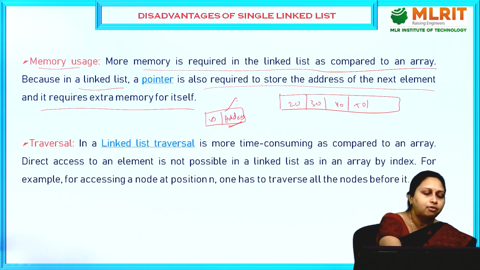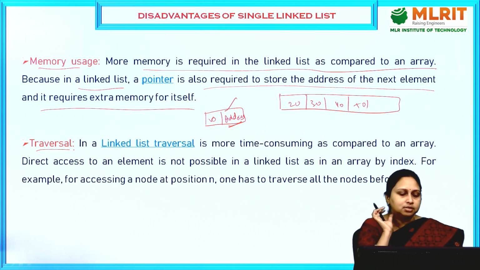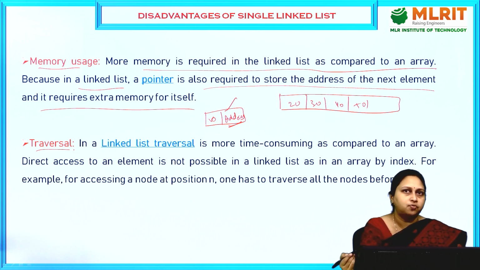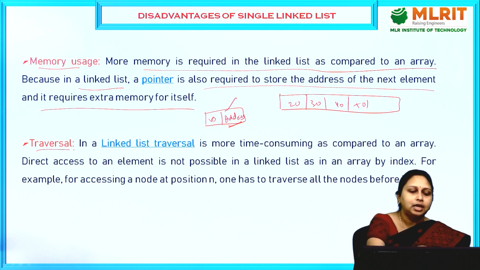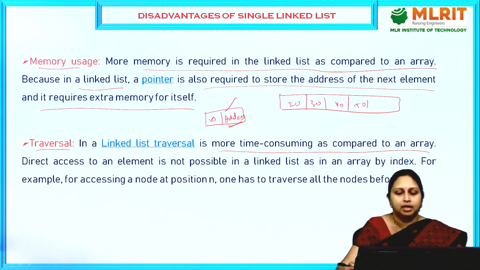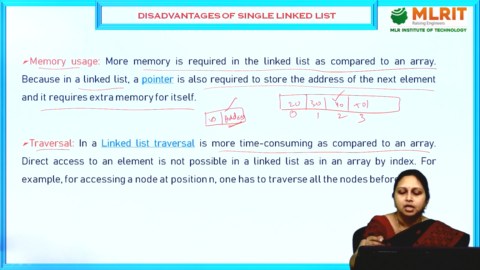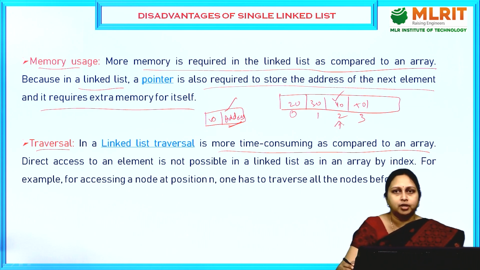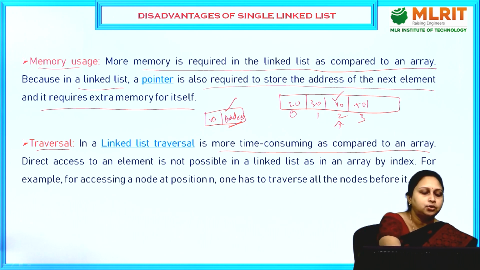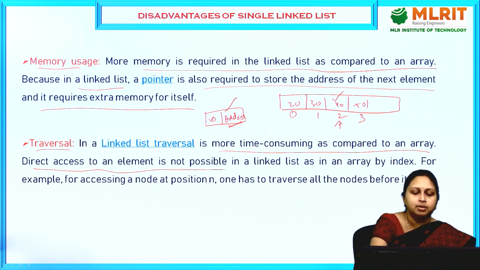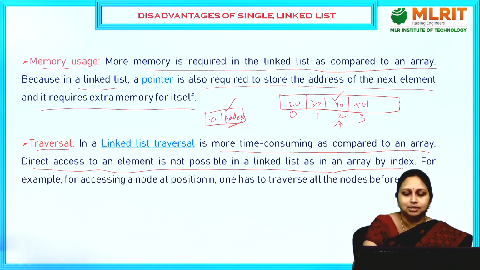Okay, and traversal. Let us see how traversal is one of the disadvantages. Linked list traversal is more time consuming compared with an array. If I want to access a particular array element, say 40, by using the index a[2], I can access it. But here it is not possible with the linked list, because direct access to an element is not possible in a linked list as in an array by index.